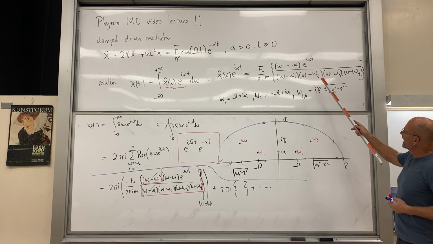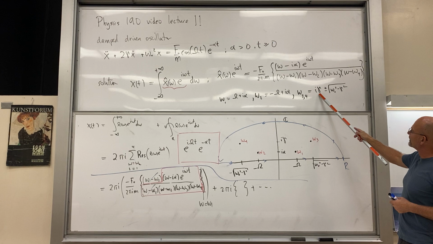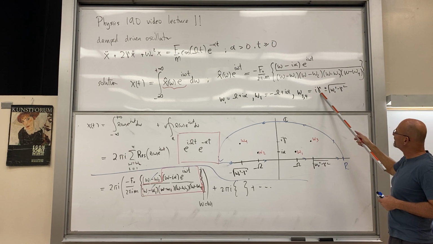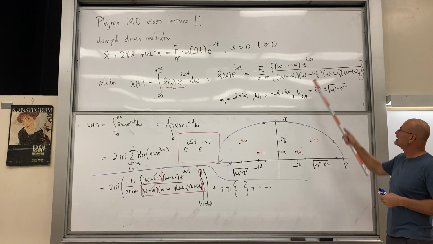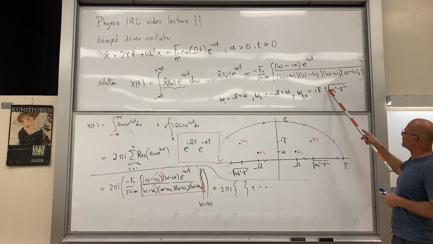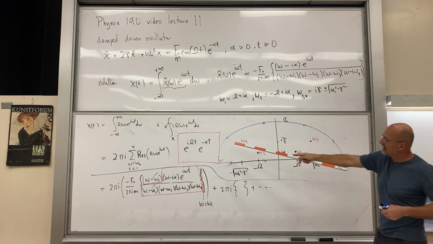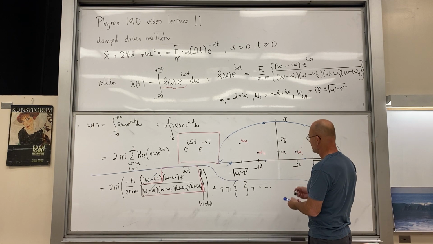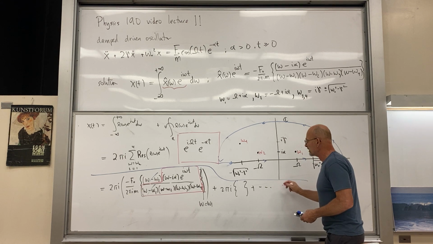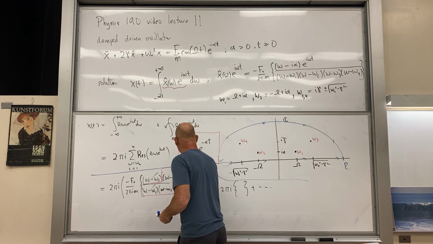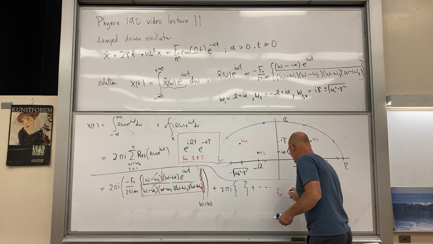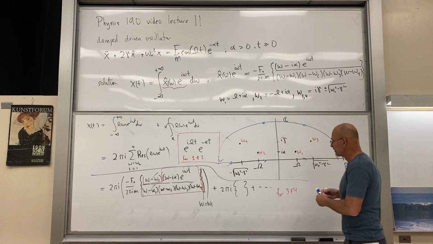So let's look at what we're going to get. If we plug in, say, omega 3 here, so e to the i times i gamma, that's e to the minus gamma t. And then we'll have plus minus i times this thing again, so it'll be e to the i gamma t. I've got room here, so I'll block off this for 1 and 2, and for 3 and 4.